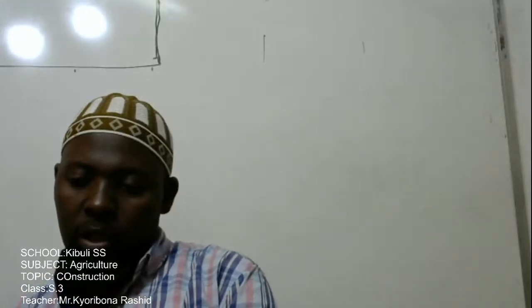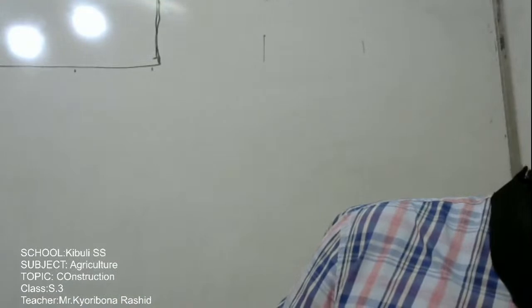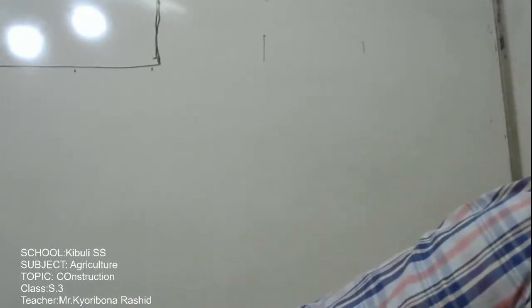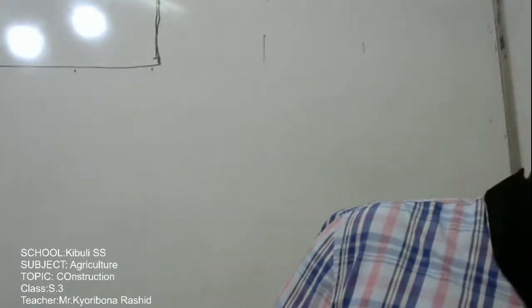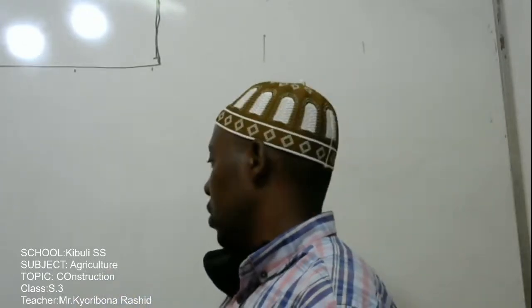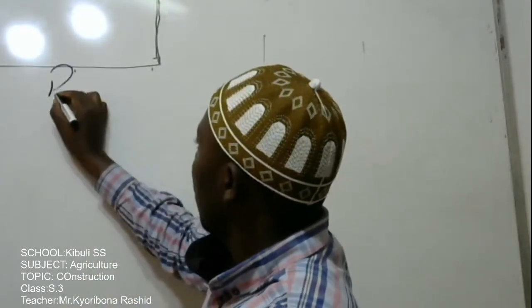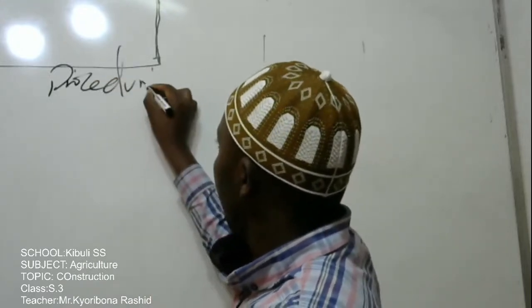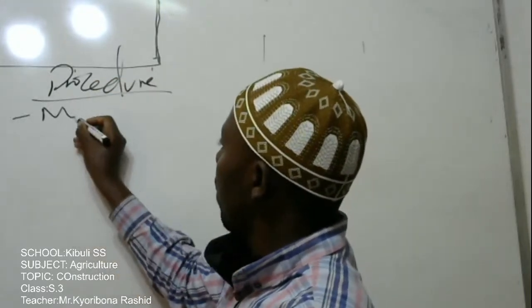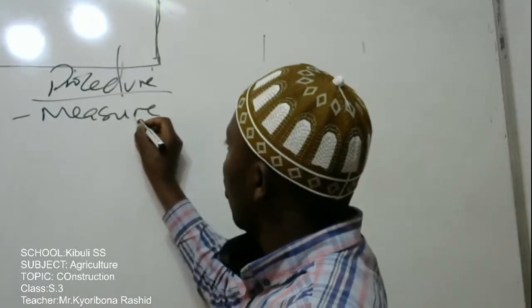In your notes, there's something called the procedure. So the procedure of making this foundation: we measure, of course, the sides. We measure where we are going to make a foundation.